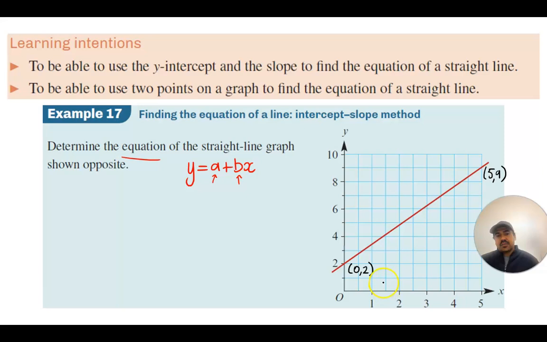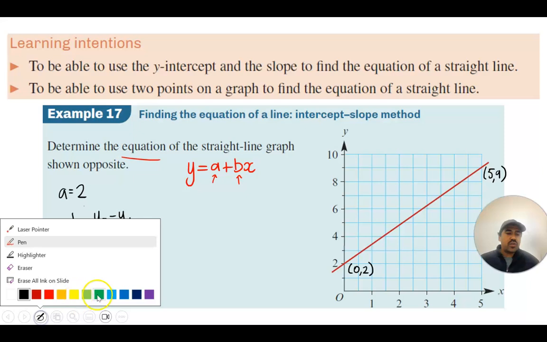So following our template, we already know what a is. A, which is our y-intercept, is equal to 2, and provided to us in there. What we need to do is just use our slope equation in order to determine b, and then we can plug this into our template formula. So y2 minus y1 over x2 minus x1 is the equation of our slope.